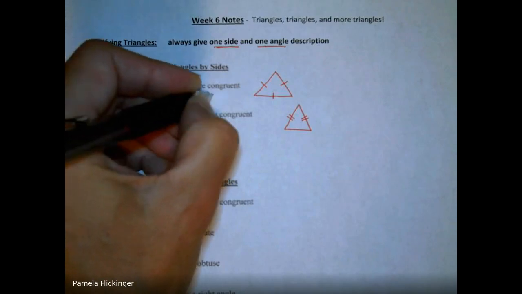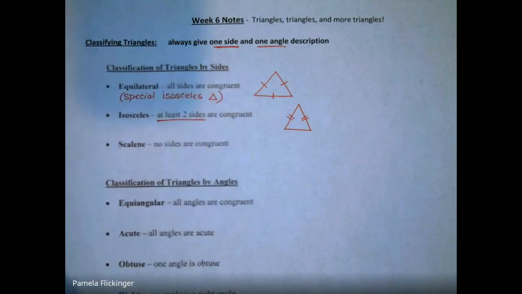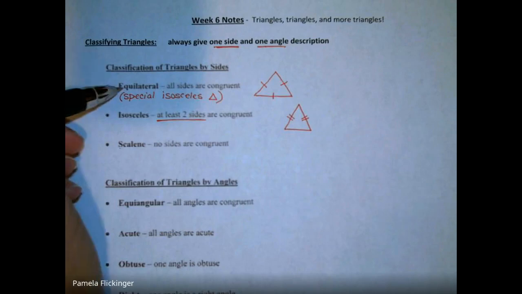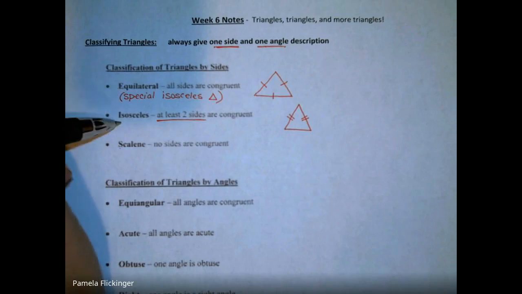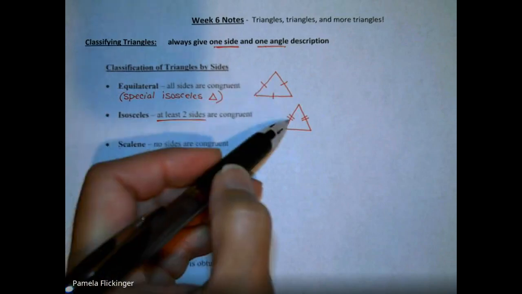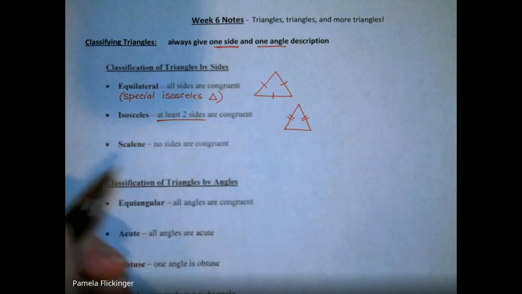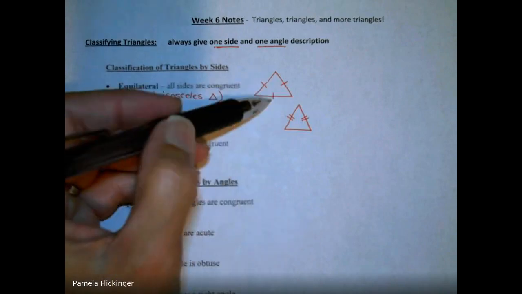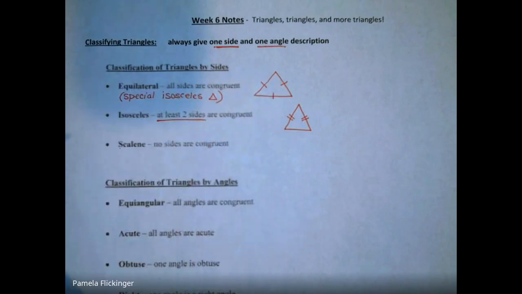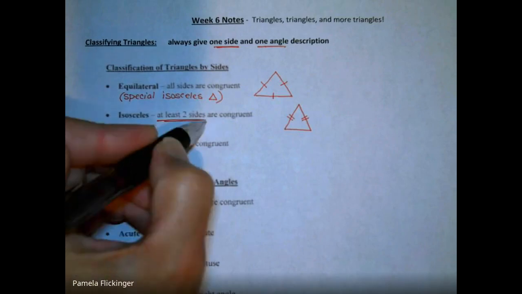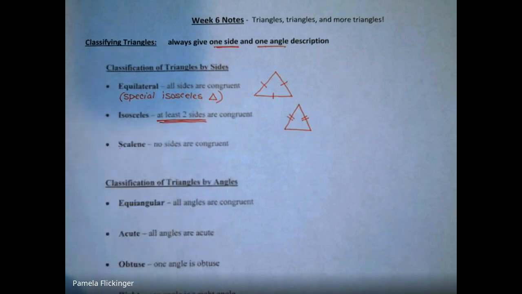So if it has all three sides congruent, it also is isosceles, but we use the better word, the more specific word, equilateral, when all three sides are the same. All right, so isosceles will be when there's just two. All right, equilateral will be when all three. But please just recognize this specific definition is that there's at least two sides congruent.